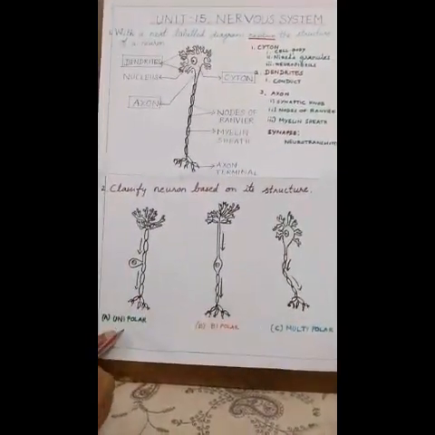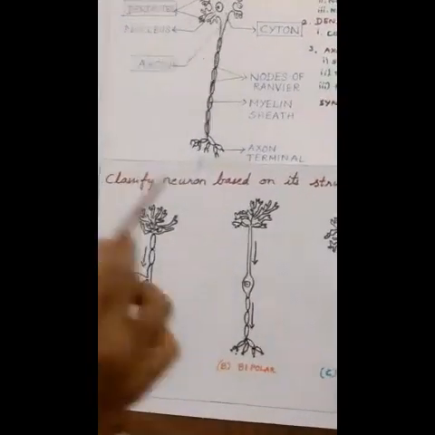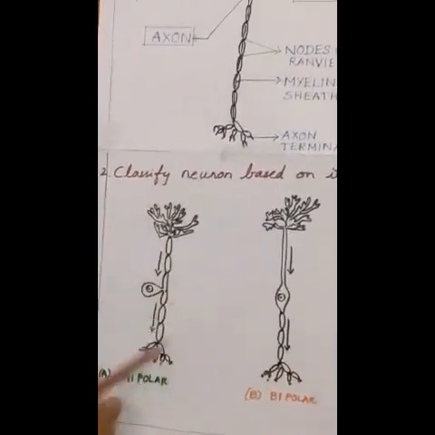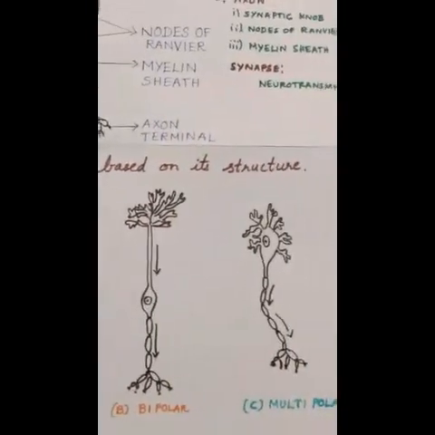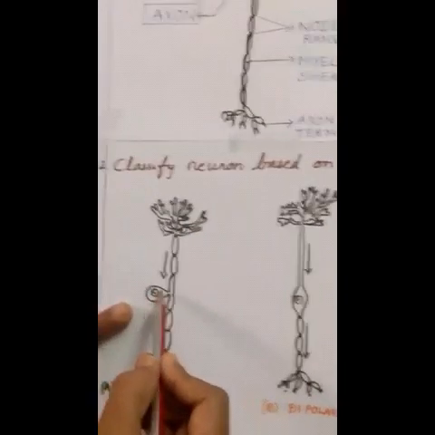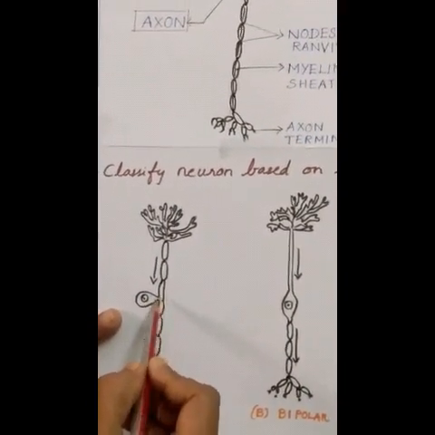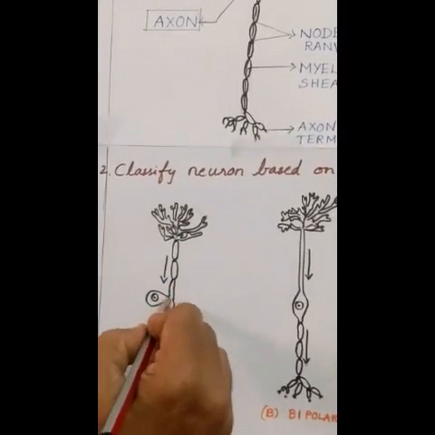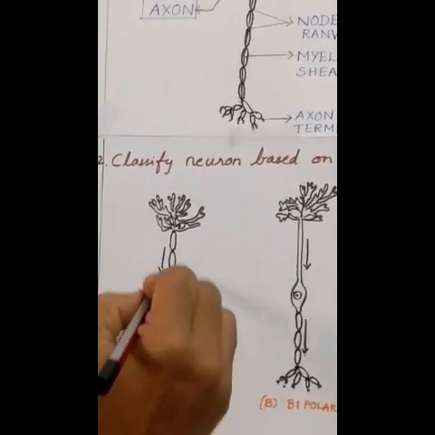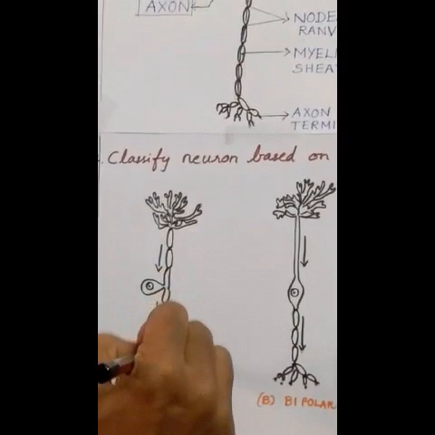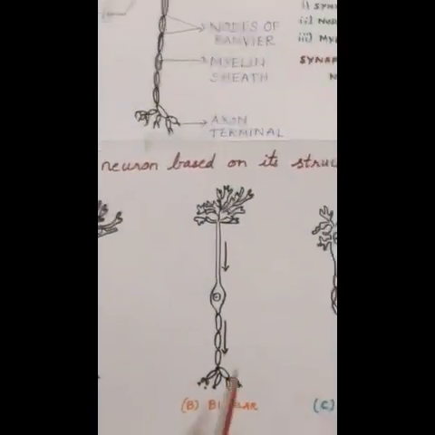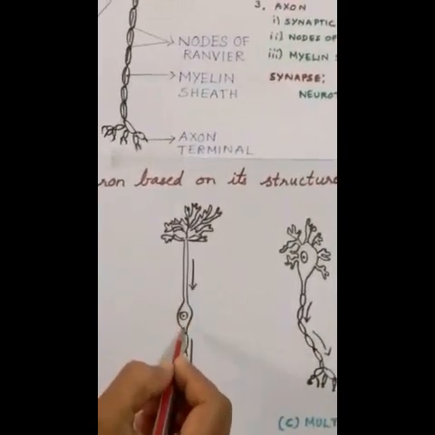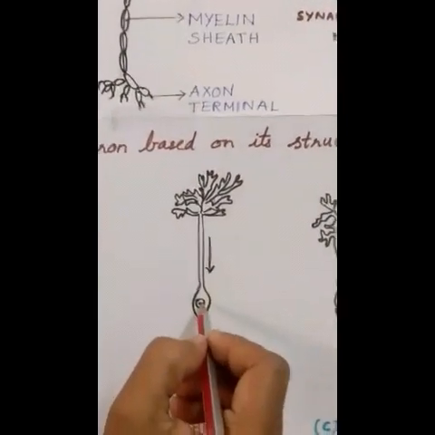So first we explain the unipolar neuron. You write there are three types of neuron. First one is unipolar, second one is bipolar, third one is multipolar. In the unipolar neuron, only one nerve process arises from the cyton, which acts both as axon and dendron. In the bipolar neuron, two nerve processes arise from the cyton.